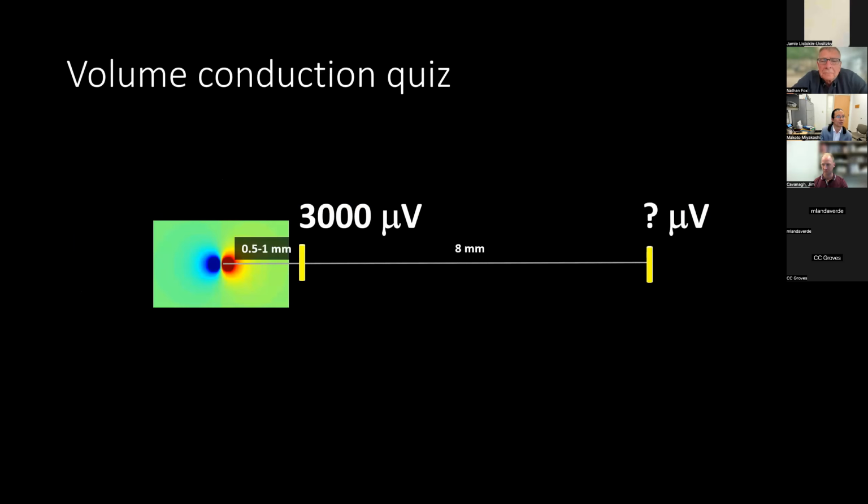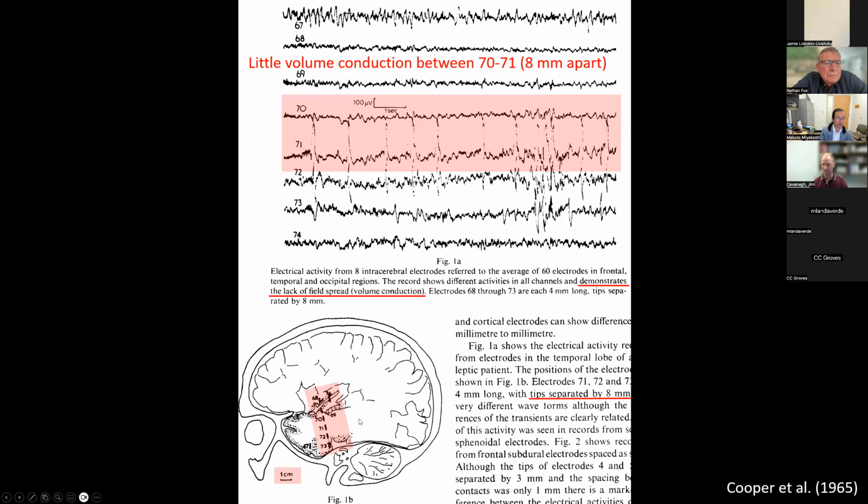If you think about the single dipole, and let's say there is an 8 millimeter distance inside the brain, that is replicating this condition. The electrode positions are 8 millimeters apart, and the recordings are this different. Electrode 71 shows huge spikes, but electrode 70 doesn't show that at all.